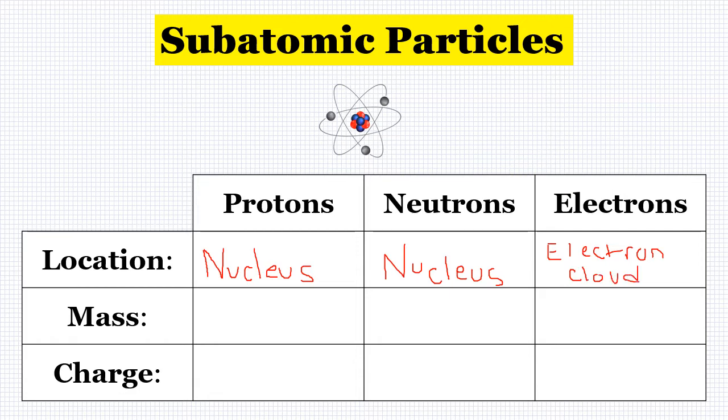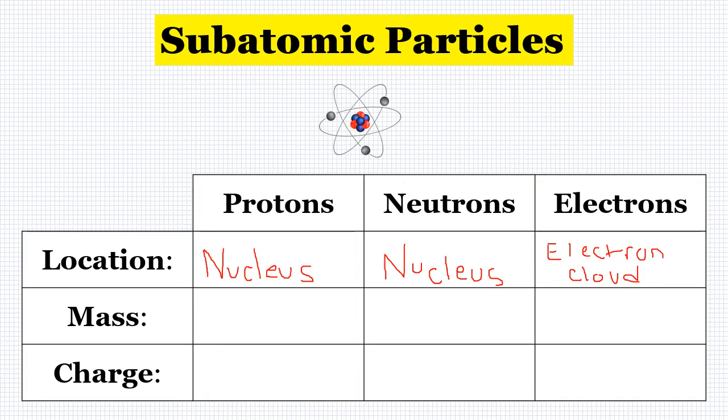All right, so if you look at the atom that's pictured up here, we've got the red and the blue circles or spheres in the middle. That would be the nucleus. And orbiting around the nucleus are these gray spheres. Those are representing the electrons. Okay, the electron cloud is that area outside of the nucleus.